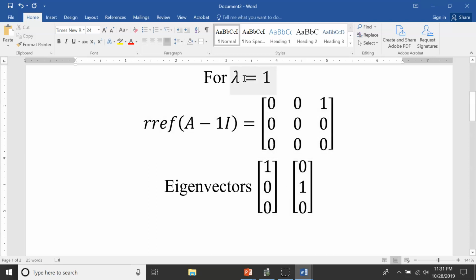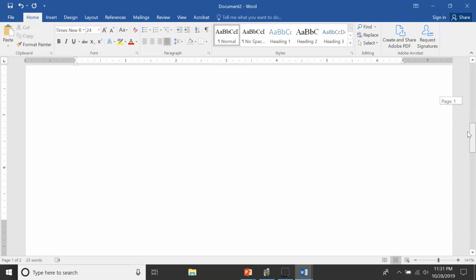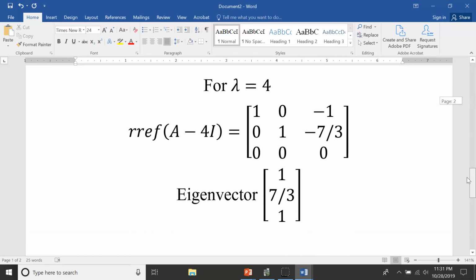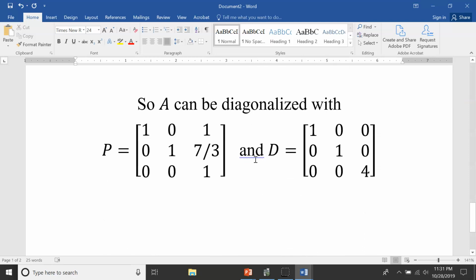So multiplicity of 2, and the eigenspace had 2 vectors in the basis. Obviously, that led to our A being able to be diagonalized.